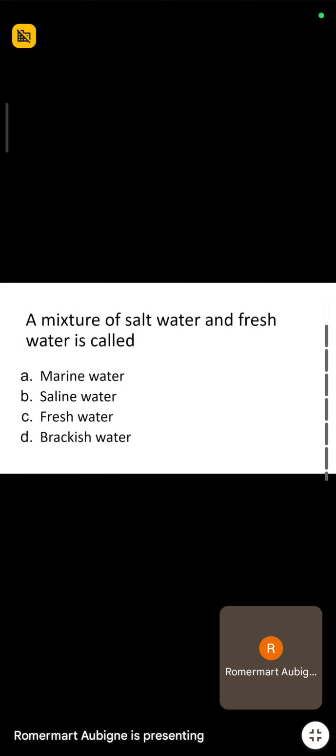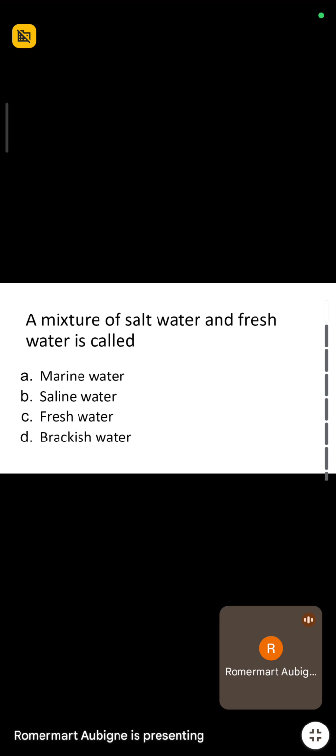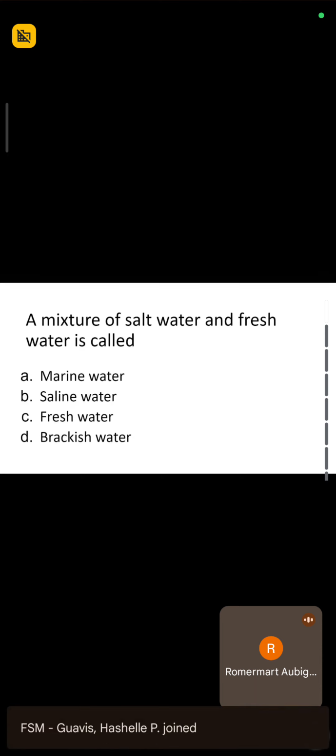Next, we have the mixture of salt water and fresh water. What do we call this? A. Marine water. B. Saline water. C. Fresh water. Or D. Brackish water. It's a mixture of salt water and fresh water.